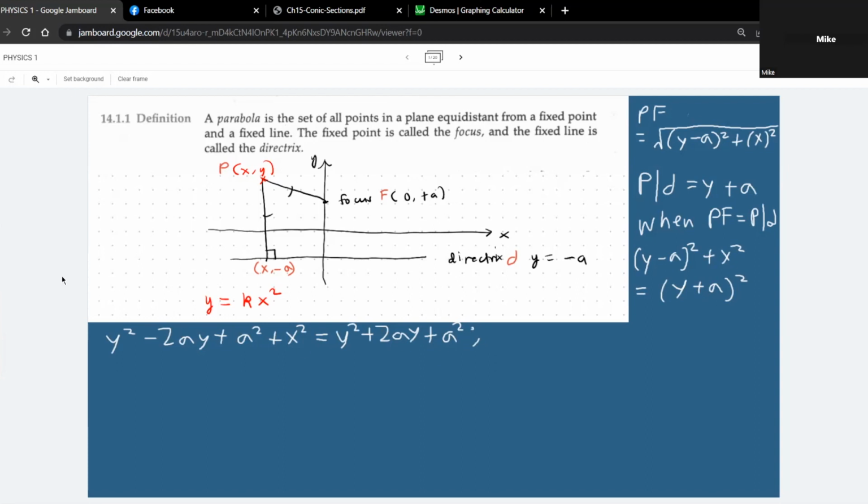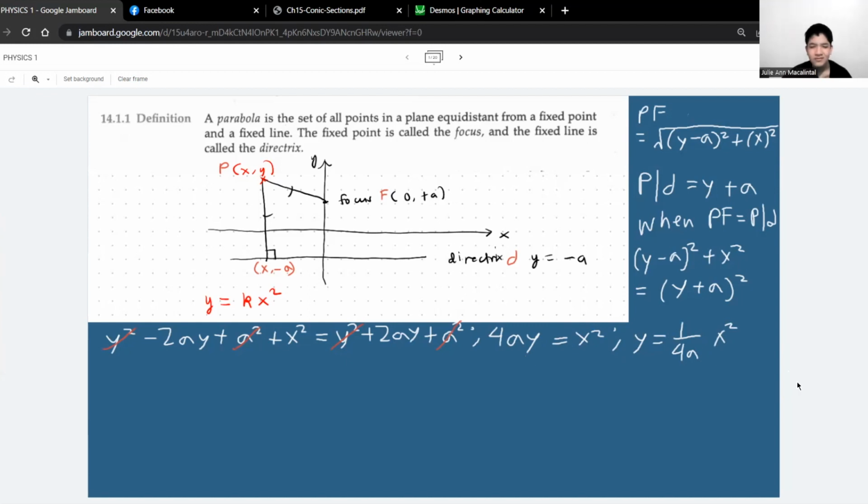Okay. Tapos, and then, okay, so y is equal to... ayan.